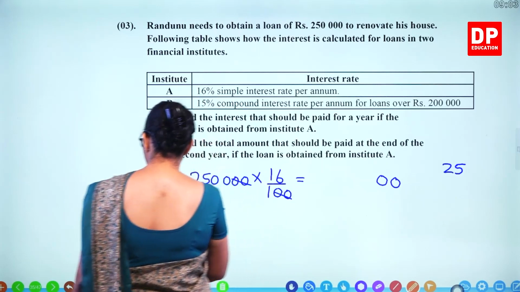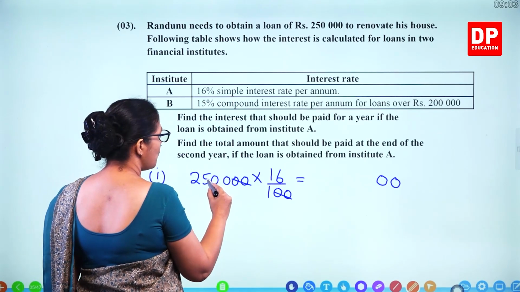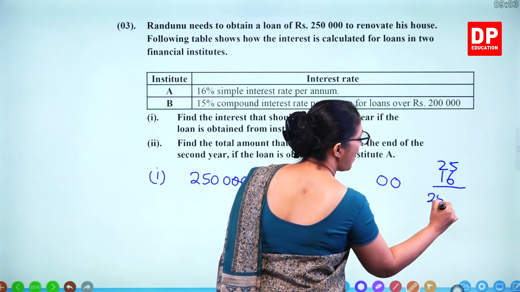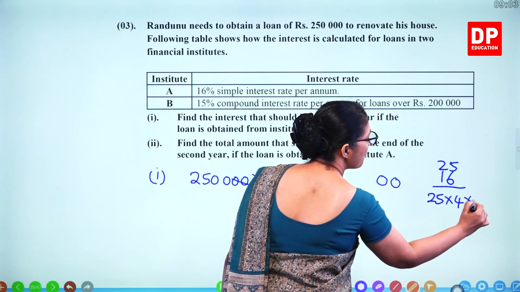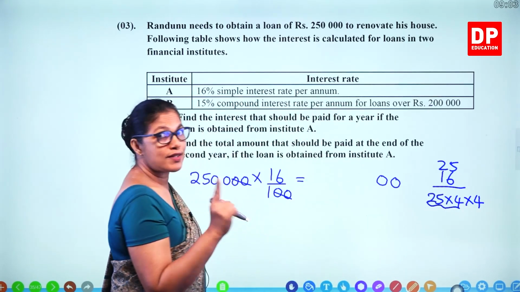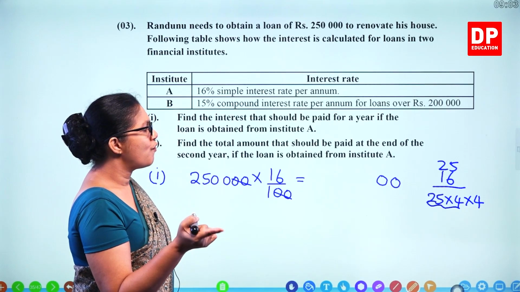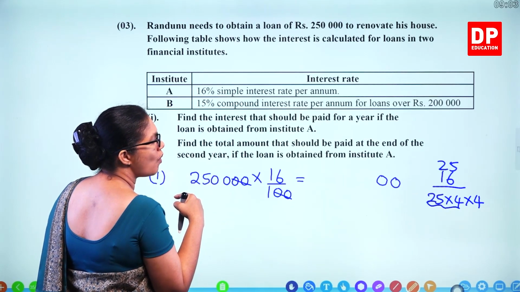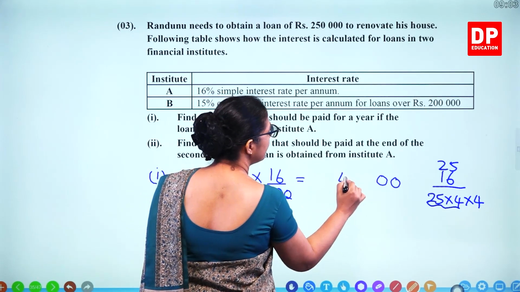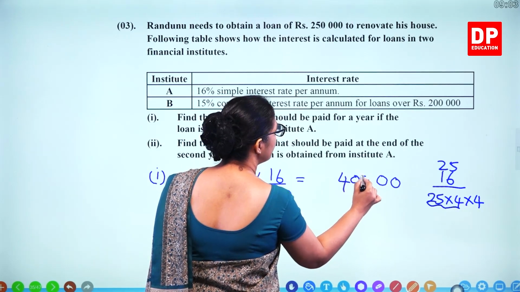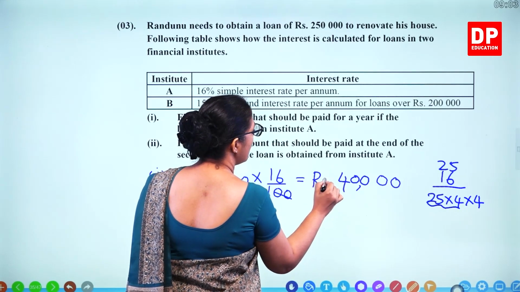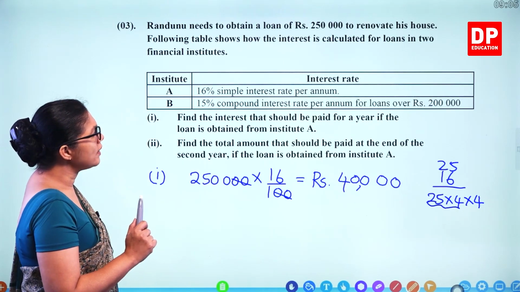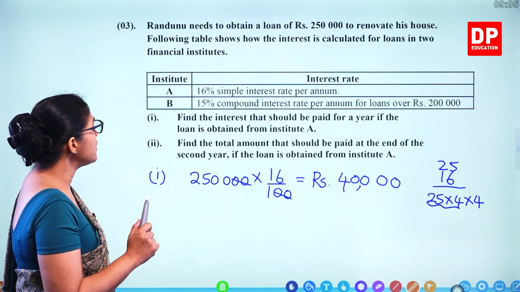That's the easiest way to do it. I can write this as 25 into 4 times 4. 25 times 4 is 100. 100 into 4, that's 400. So what's the value of the interest? 40,000 rupees.